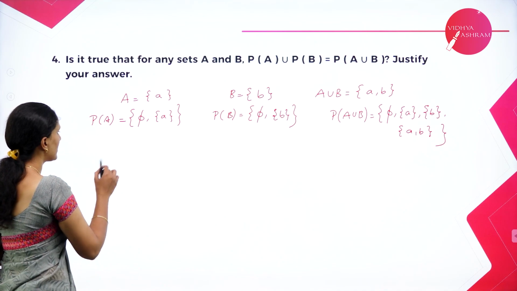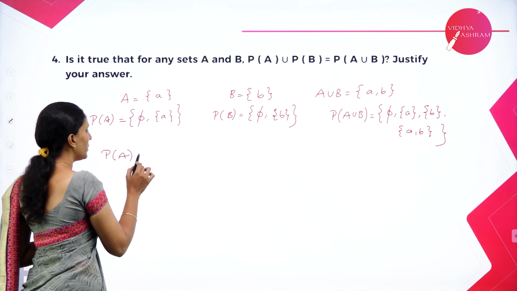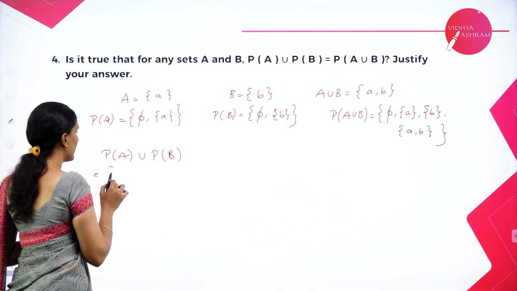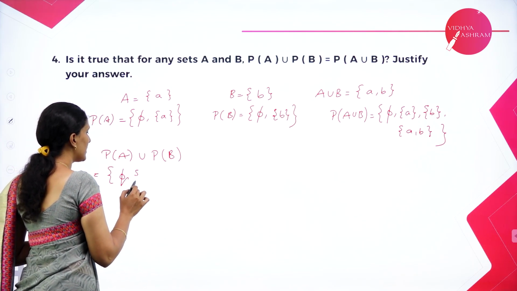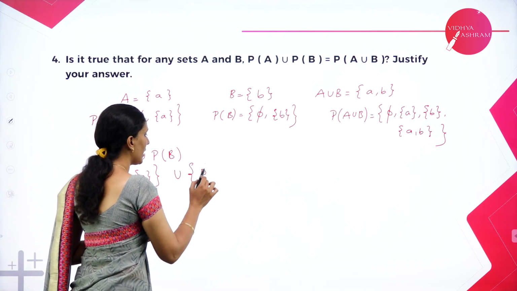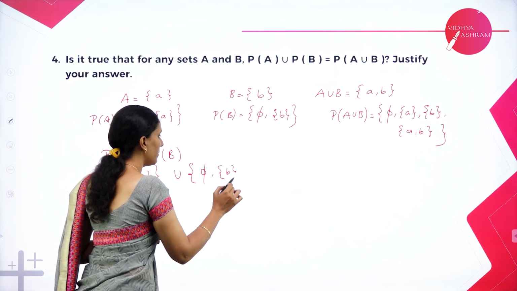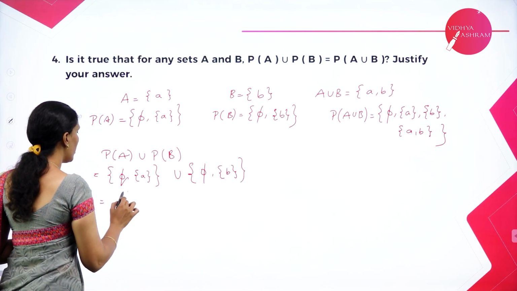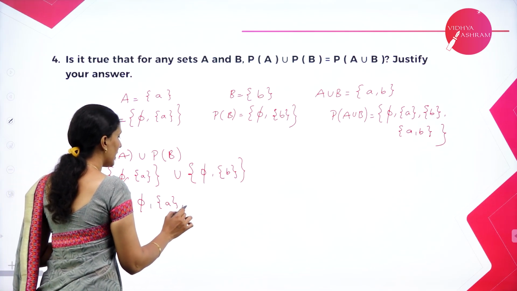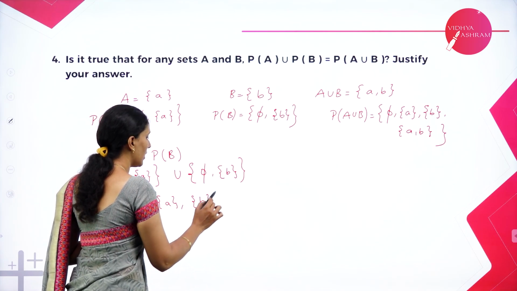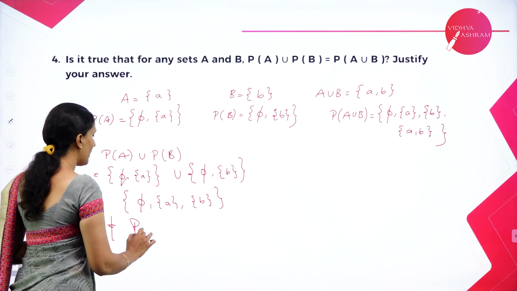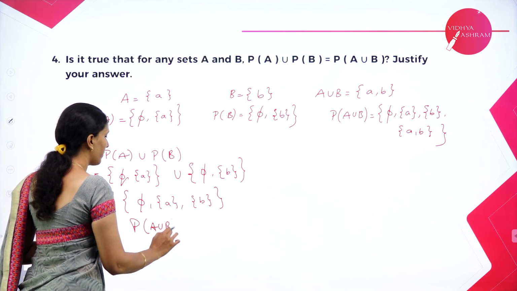Now let's see what the power set of A union power set of B is. The power set of A is the set containing the empty set and the set A. And the union, here it is again the empty set and the set containing the element B. Now writing the union of these two sets, we get the empty set, the set containing A, the set containing B. So clearly this is not equal to the power set of A union B. Why?